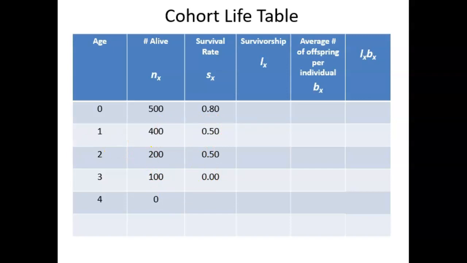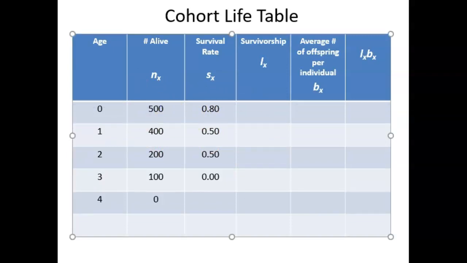Now, we could also look at survivorship. Survivorship is saying, what are the chances of surviving to this time class, overall? So, for example, we have 500 individuals alive at the beginning. The survivorship for that first time class would be, if you're alive at the beginning, what are your chances you're alive at the beginning?